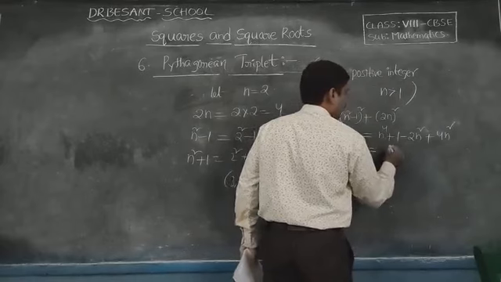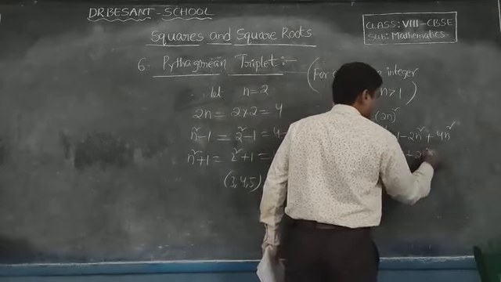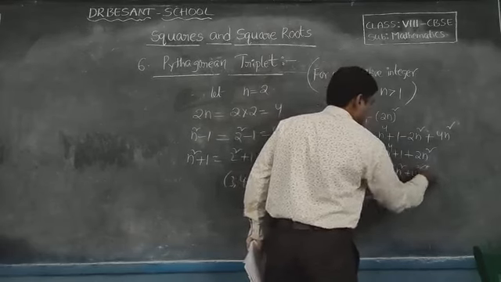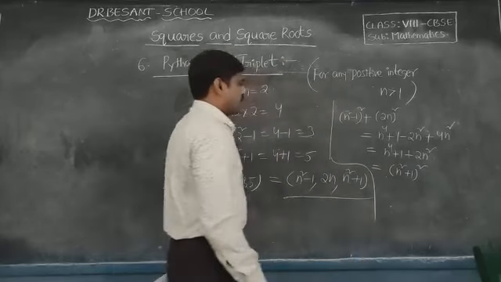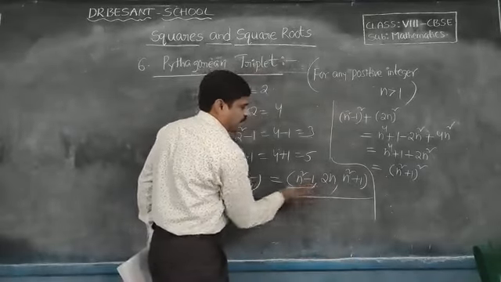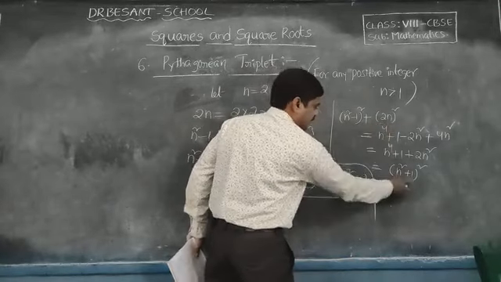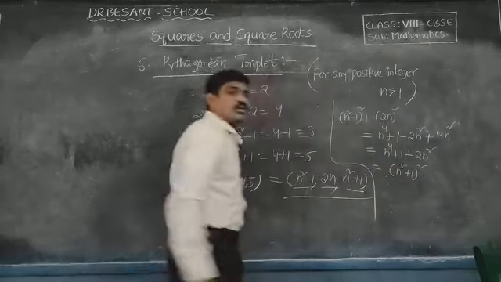So n power 4 plus 1 plus 2n square. So this one we can write as n square plus 1 whole square. So this is a, this is b. a square plus b square is equal to n square plus 1, which is equal to what? c square. So a square plus b square is equal to c square.